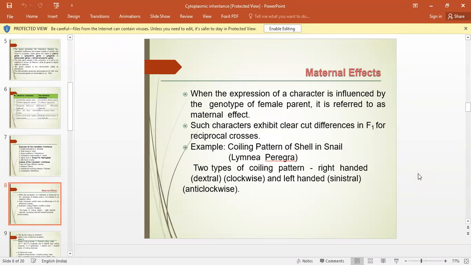Means whatever your mother's cytoplasm and extranuclear material is there, that is transferring to you. So the maternal effect means the expression of character in the zygote or the offspring is totally influenced by the genotype of the female parent or mother. It is known as maternal effect. Understood?